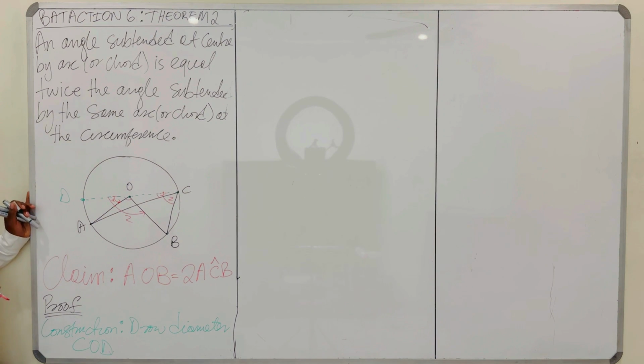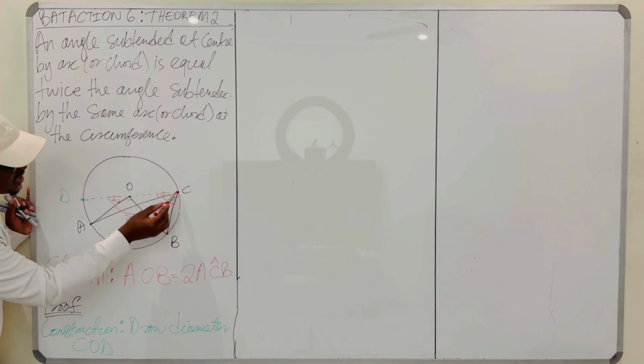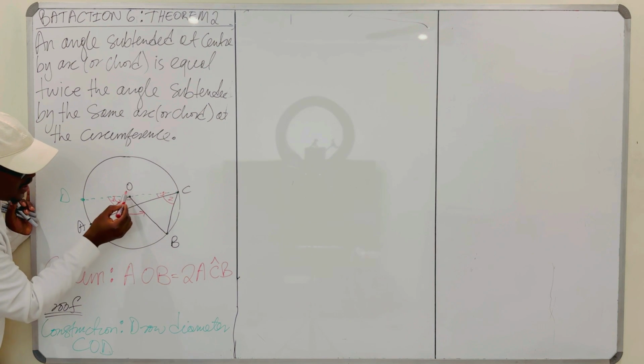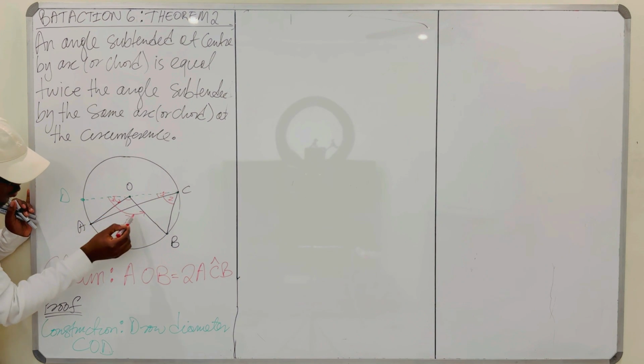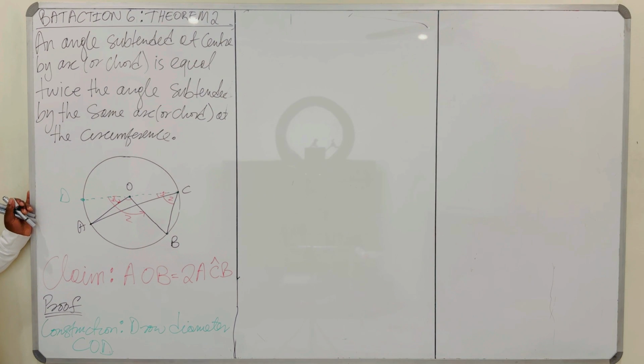This is angle O2 for the big one. Because look, if you're saying COB, do you see angle COB? Yes. Fine. So if you extend your OC to this, now your exterior angle will be that one. Do you agree? Mm-hmm. Is everyone happy? Yes. Do you want me to explain this again? No. Okay.